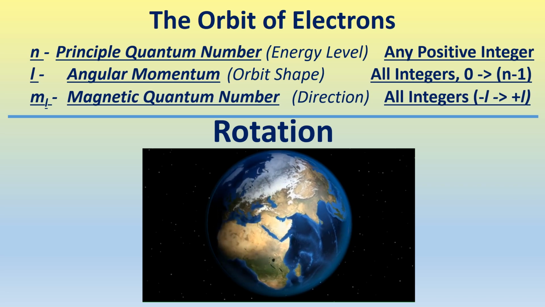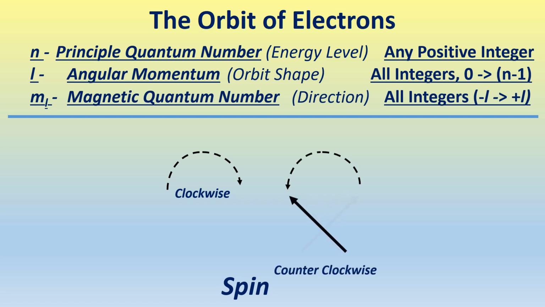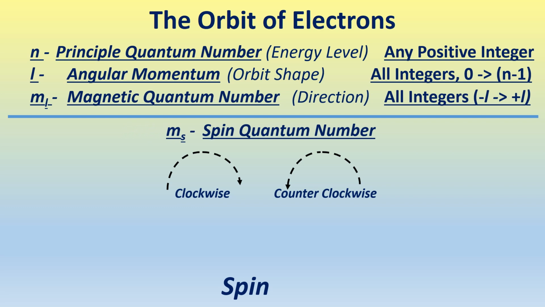In the case of an electron, this is called spin, and it can come in one of two different directions. On its axis, the electron can either spin clockwise, or it could also spin counterclockwise. Those two directions correspond to the fourth quantum number. The fourth quantum number is called m subscript s and only has two values, plus 1/2 and minus 1/2.